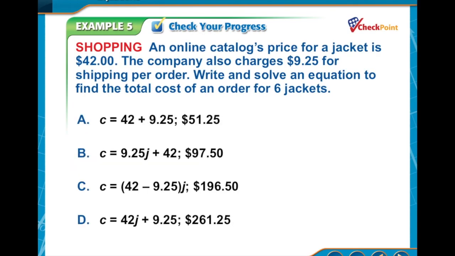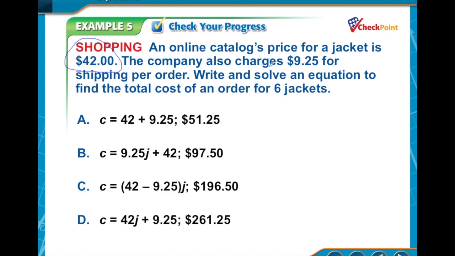Example 5. So we've got a couple sentences here we need to jot down. As you're jotting that down, we'll work through these examples. We're going to need to circle some things that are important. We have an online catalog. They have a price for a jacket that's $42. So $42 is important.